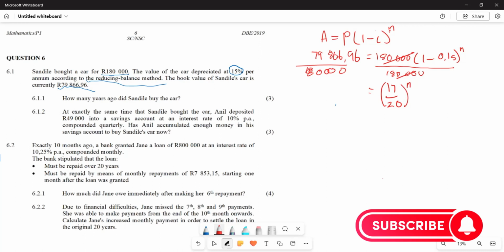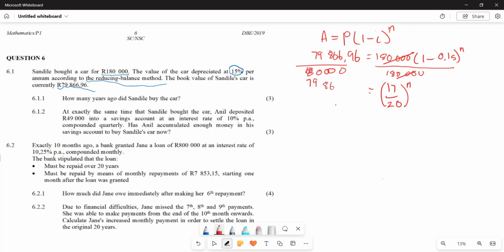Now, let's try and do this one. Let's leave this one as it is. This is going to be 79,866.96 over the 180,000. And now when we are here, basically we are going to apply our logarithm, right? And if we are applying our logarithm, what is it that you are going to have?